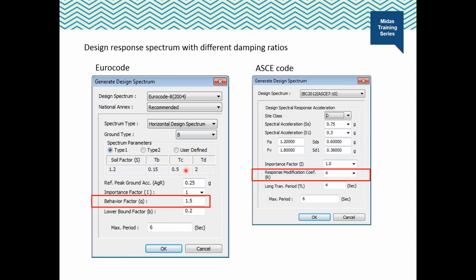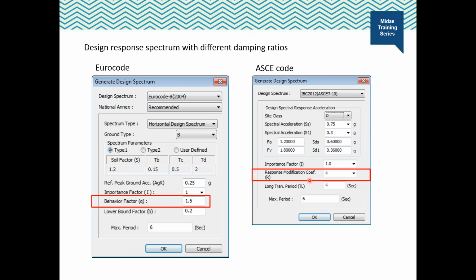When we use design response spectrum for the design of new buildings, damping ratio is not required. Do you know why? As I mentioned in the previous slide, we use the behavior factor in Eurocode and response modification factor in ASCE code to reduce seismic force in the response spectrum analysis in order to consider actual nonlinear behavior of force-related results.